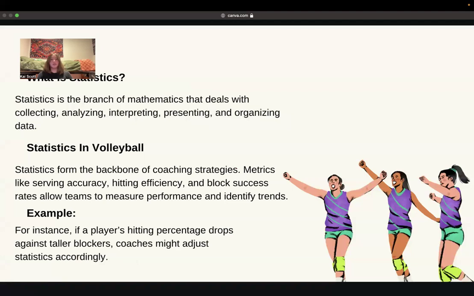An example would be, for instance, if a player's hitting percentage drops against taller blockers, coaches might adjust accordingly and put either a taller player up against the taller opponents or someone who has a higher vertical jump.